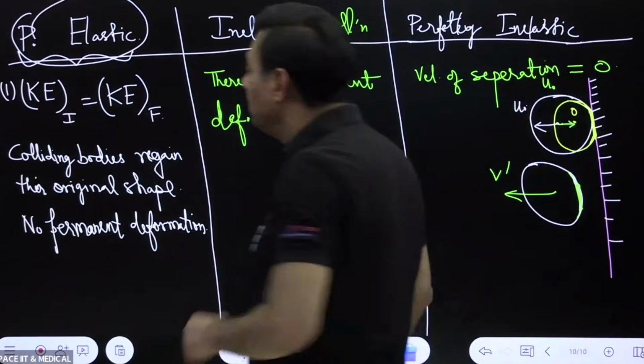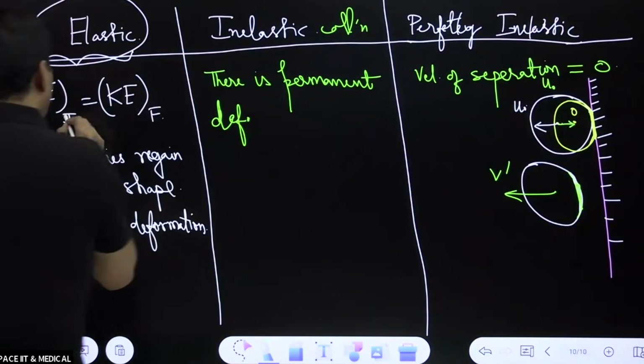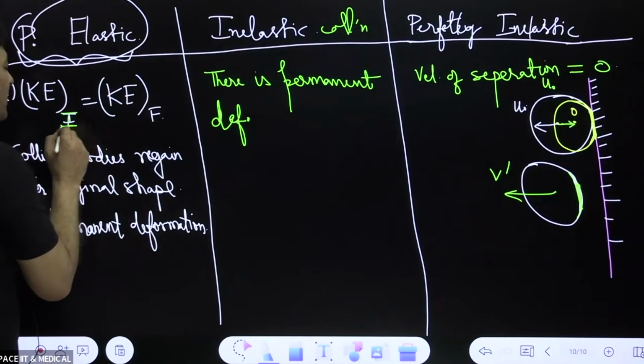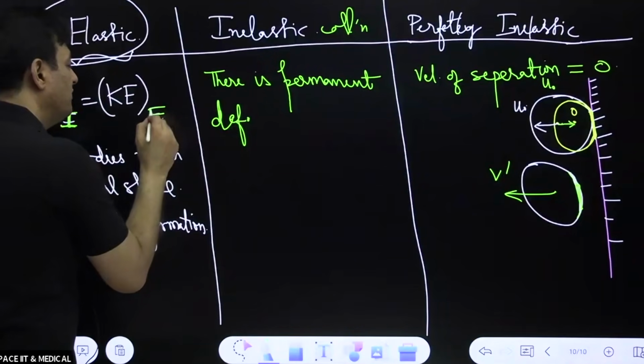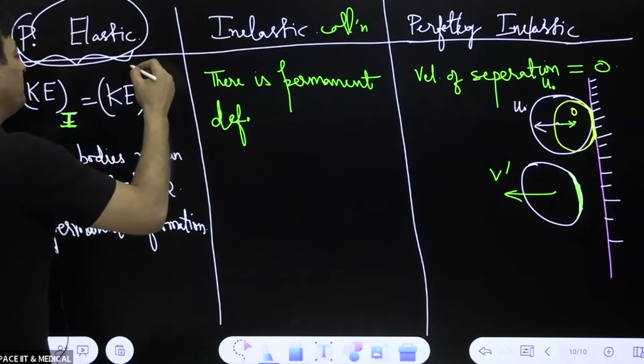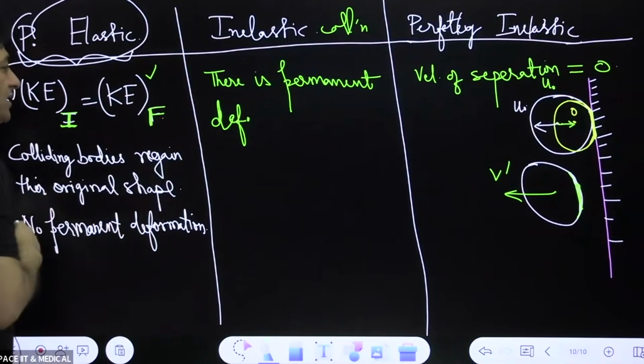Now my question is, kinetic energy before collision and kinetic energy after collision remains conserved. Is it true for perfectly elastic? Yes.